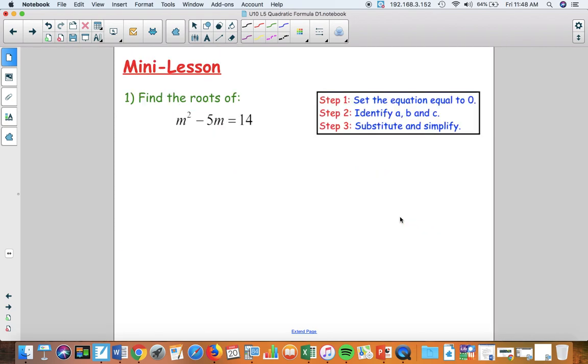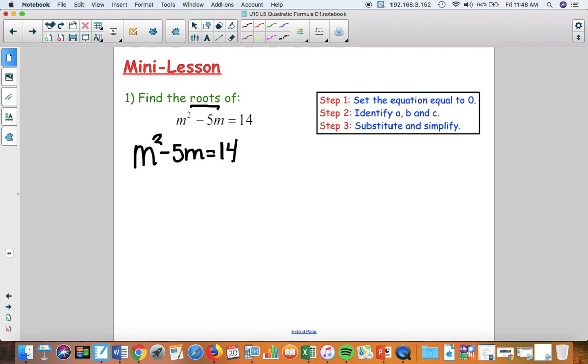So let's start with an example. It says find the roots. Remember, roots, that is a key word for quadratic. m squared minus 5m equals 14.